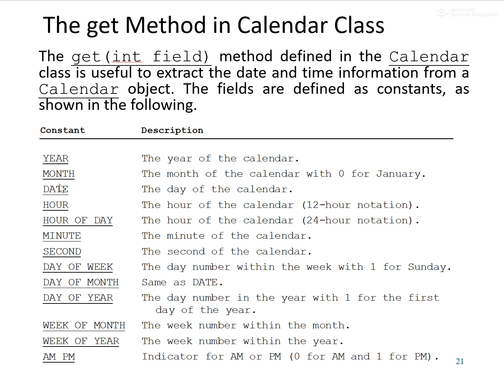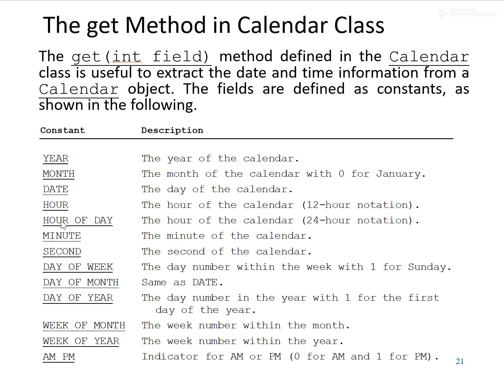We saw year, month, date, hour of day, minute, second, day of week, so Sunday, Monday, Tuesday, day of month, day of year. So how many days has it been in the year today? Week of month. How many weeks in this month are we in right now? Week of the year, AM PM.